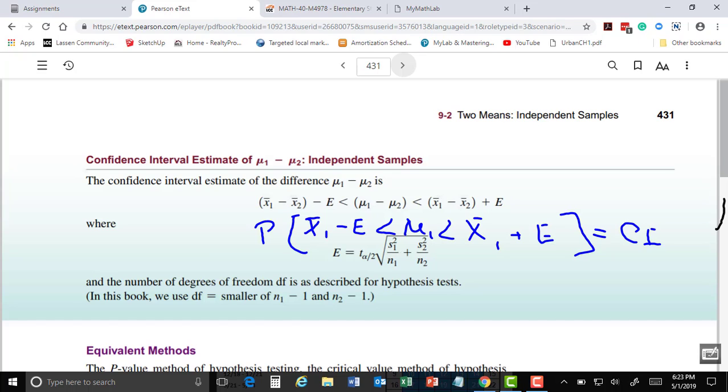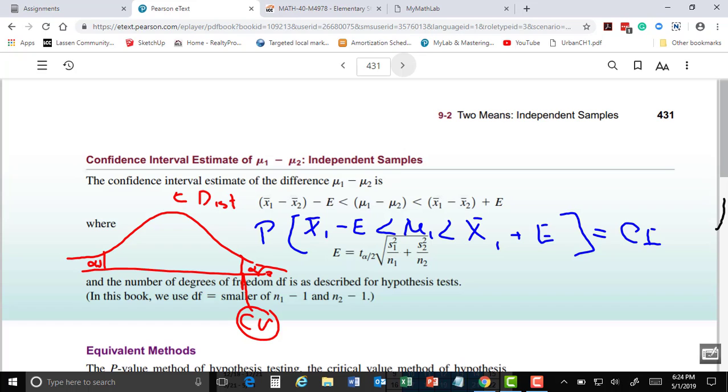And now, what is that error term? That is the sum of the two variances, square rooted, and there's your t sub alpha over 2. Remember when you take alpha divided by 2? You're going to do that, but now with a t distribution. It looks a lot like the normal. This is alpha divided by 2, and alpha divided by 2. What is this critical value?